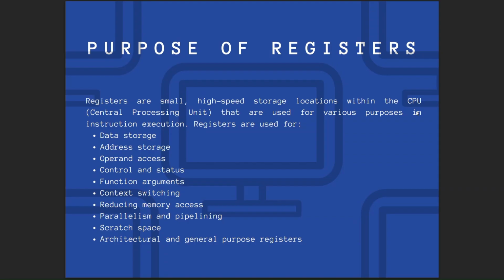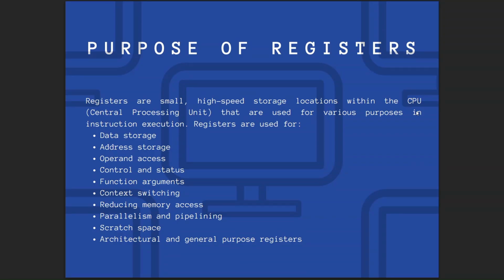Seventh is reducing memory access. By keeping frequently used data in the registers, we avoid slow memory accesses, which improves performance. Eighth is parallelism and pipelining. Having many registers allows multiple instructions to work on different data simultaneously in the pipeline. Ninth is scratch space.